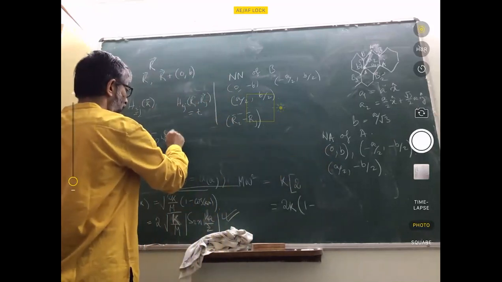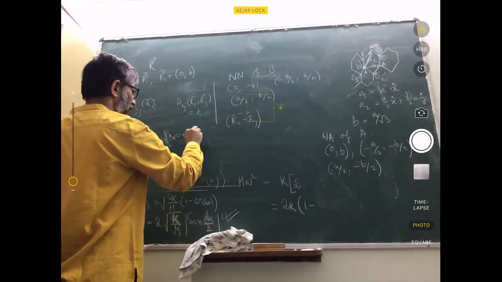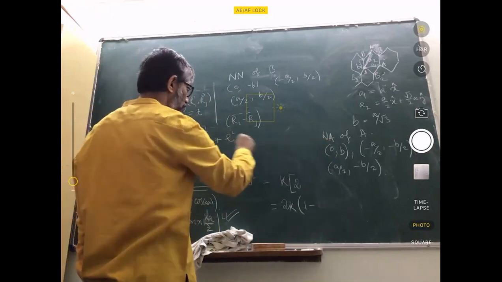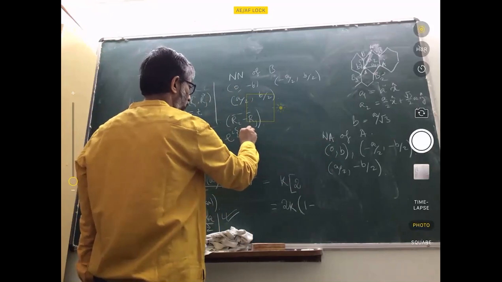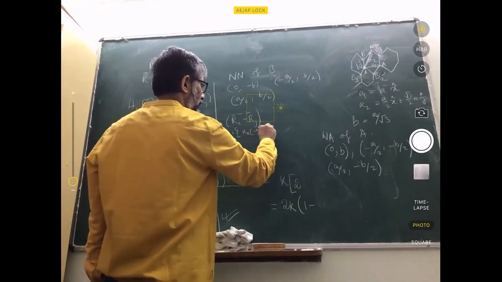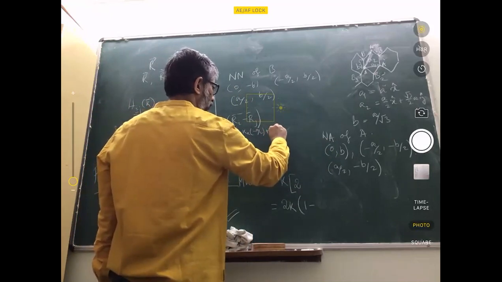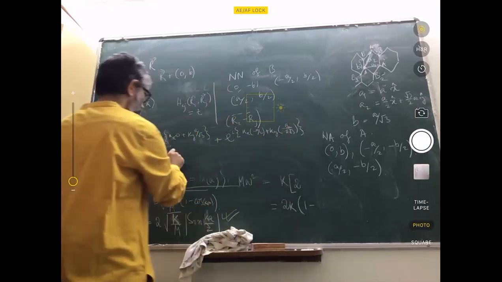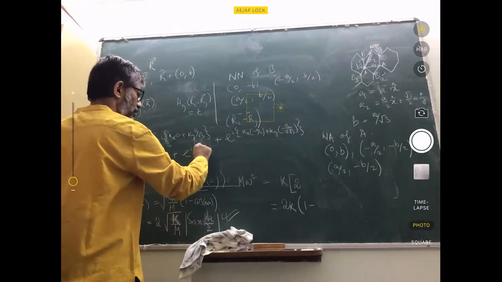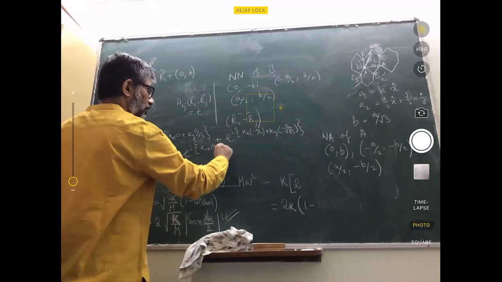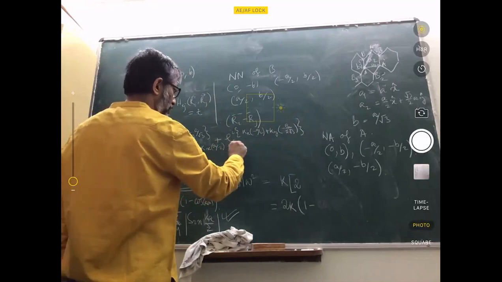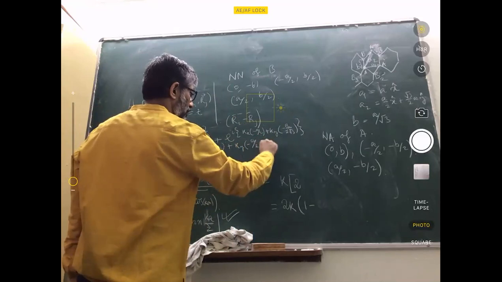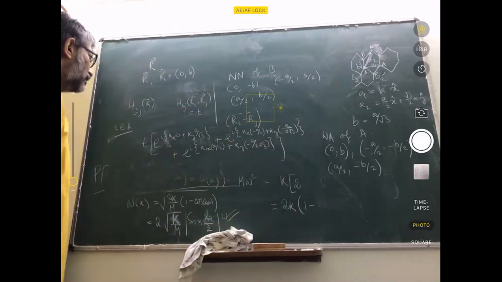So this would be x times 0 plus ky times a over root 3, plus e to the i times (kx times minus a by 2 plus ky times ...). Okay.